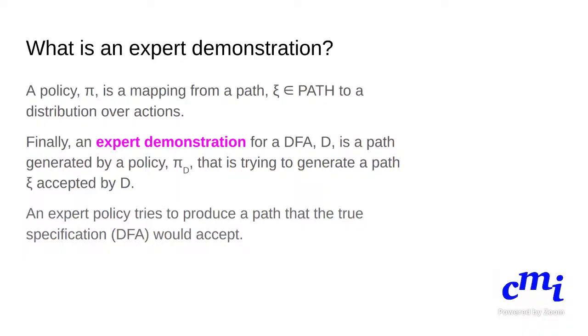Then when L-star makes a membership query, the membership query is going to be based on these positive and negative examples, and therefore these positive and negative examples are going to be sequences of feature extraction function outputs, right? True.